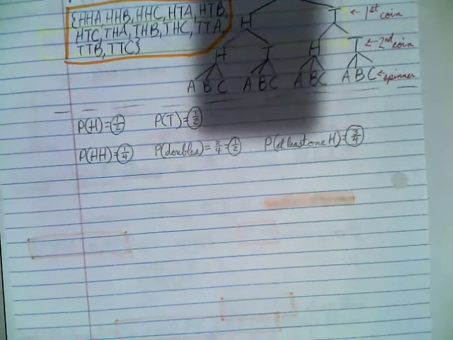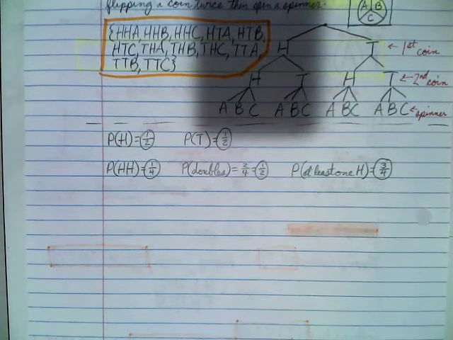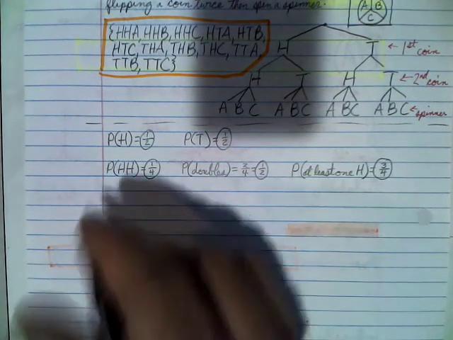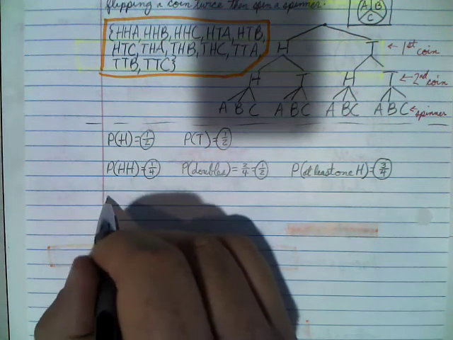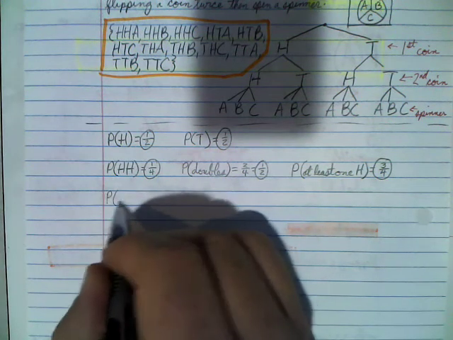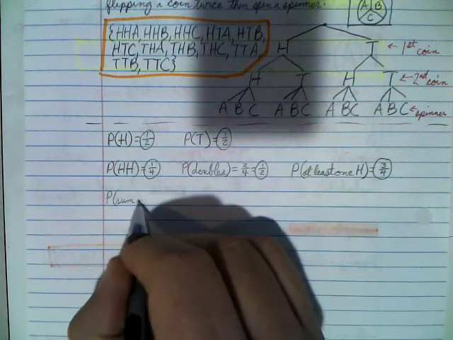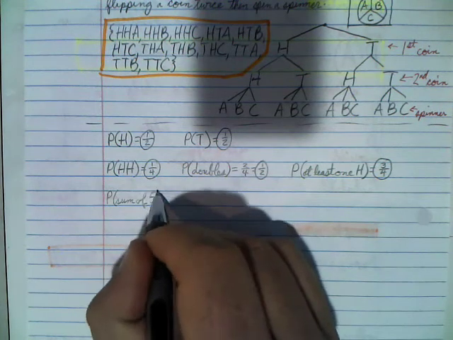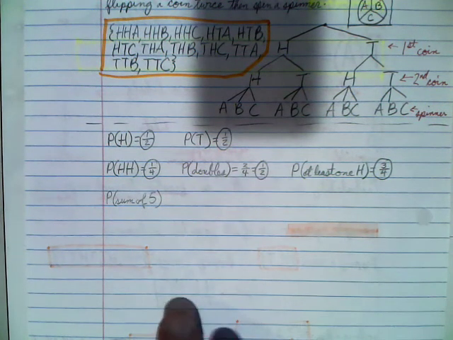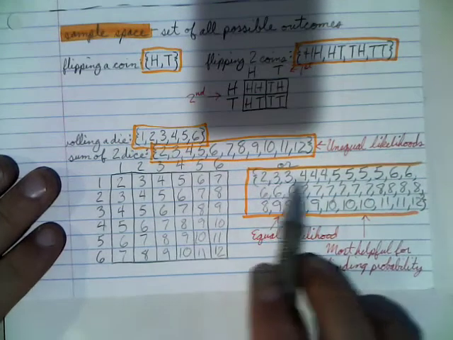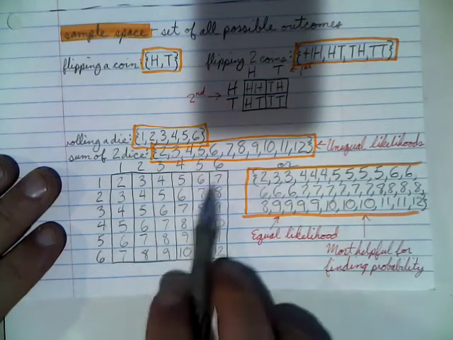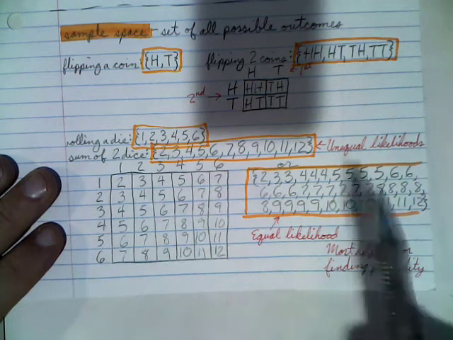So let's take a look now at our dice. We're going to specifically look at rolling 2 dice. So I want to know, what is the probability of a sum of 5? If we look at the sample space, we would want to use the chart.